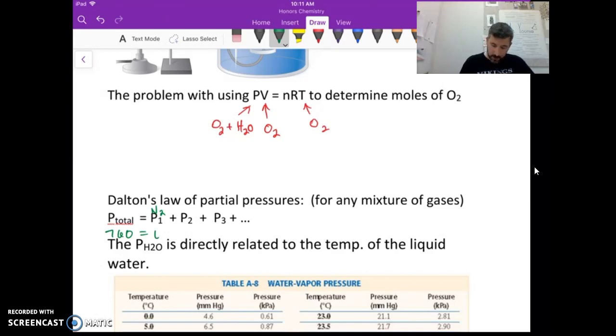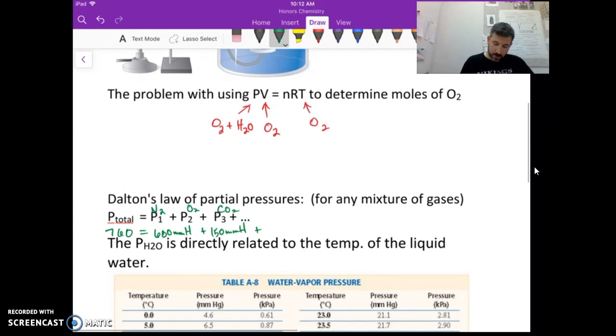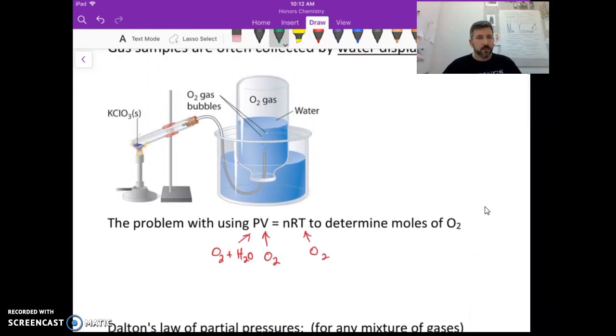Let's say it's 600 mmHg, plus oxygen, which is going to make up another 150 mmHg. And then other gases like CO2 and water vapor, et cetera. So we just keep adding those values up, and together they equal our total pressure, 760. So that's the idea. So how do we know how much water vapor is in our sample?